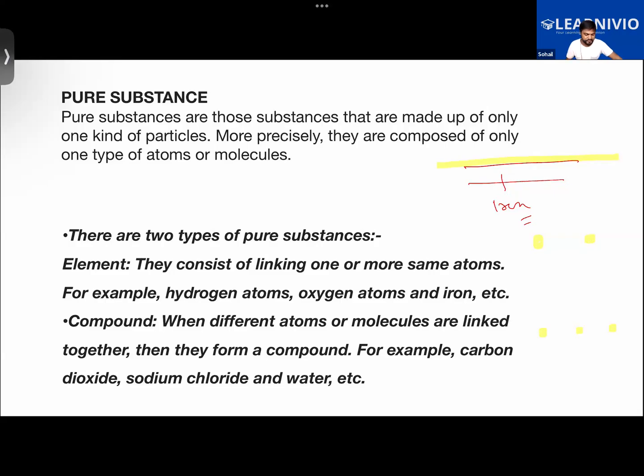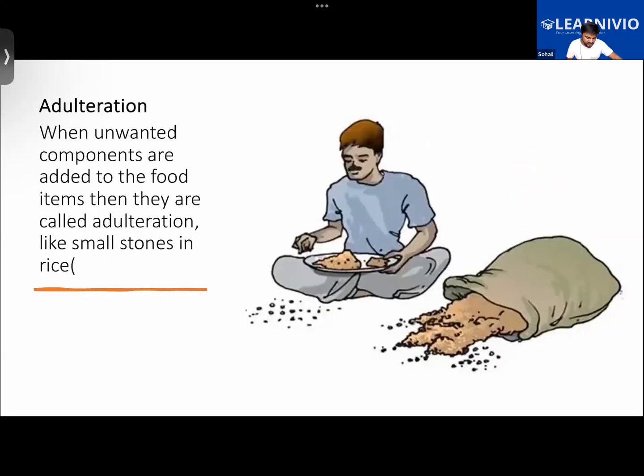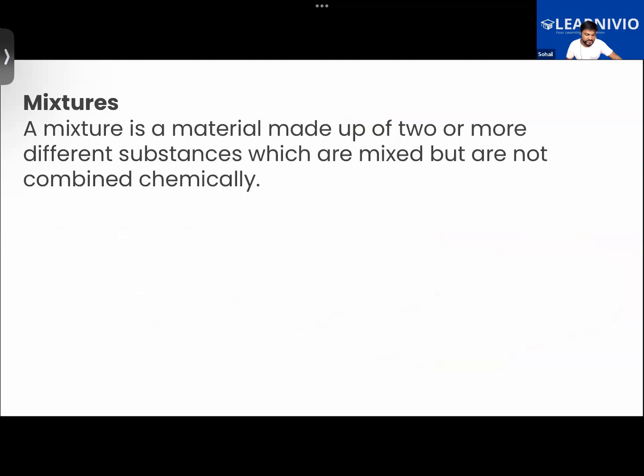Further, we learned about mixtures. Mixtures are substances which contain more than one component mixed in any given ratio. That will be called a mixture.